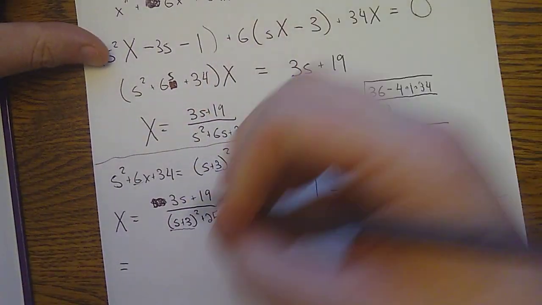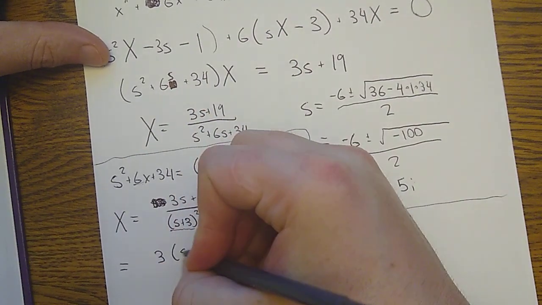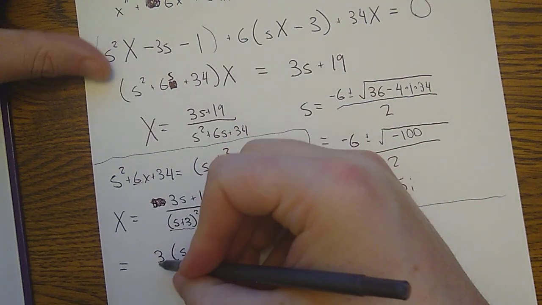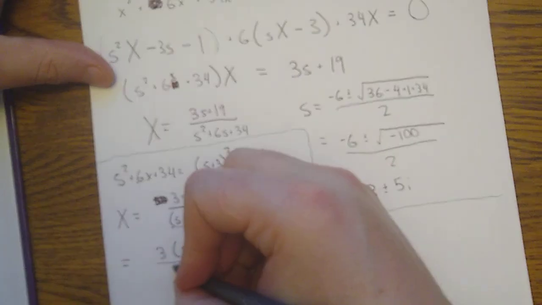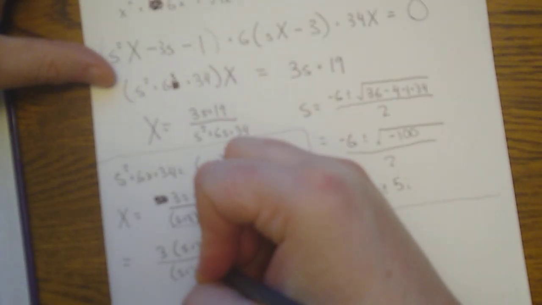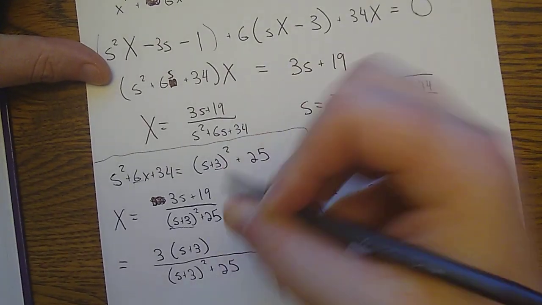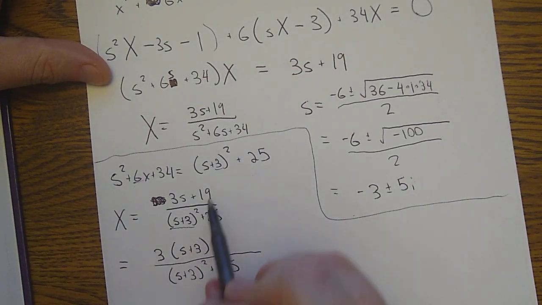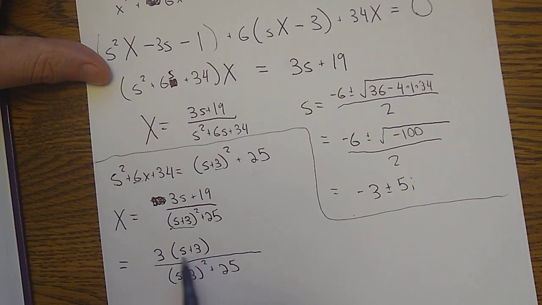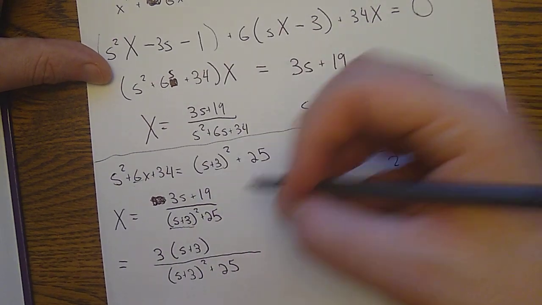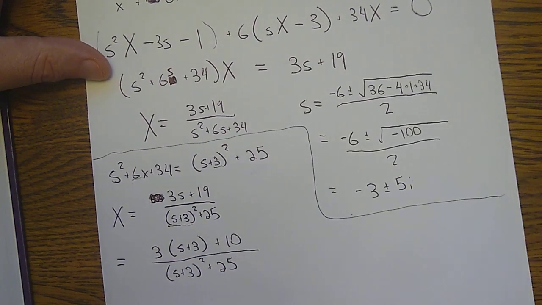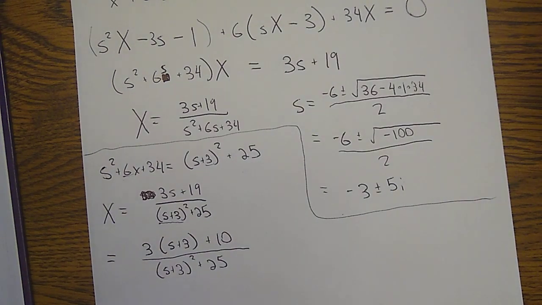And this one isn't like that. I could make it like that, but I need to fix something. This would be 3s plus 9. I wanted 3s plus 19, so what's missing? There's a missing 10. But now I'm good.